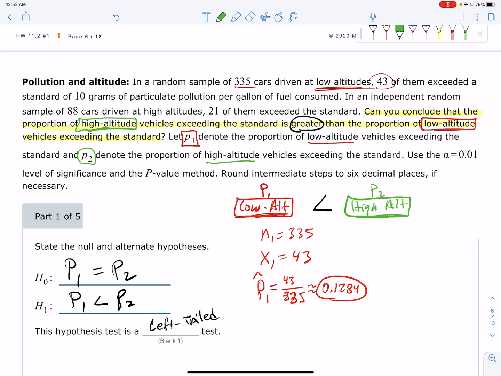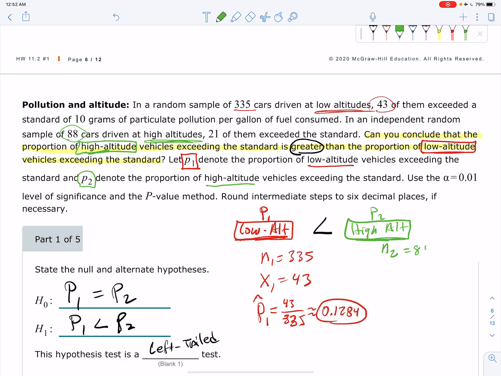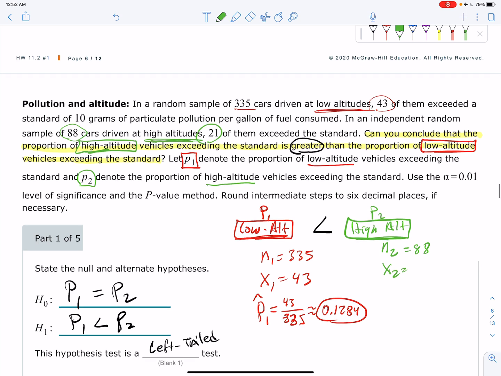And then I get my data over here from the high altitude vehicles. It says an independent random sample of 88 cars of high altitude vehicles. So n sub 2 is 88 and x sub 2 is 21 of them exceeded.